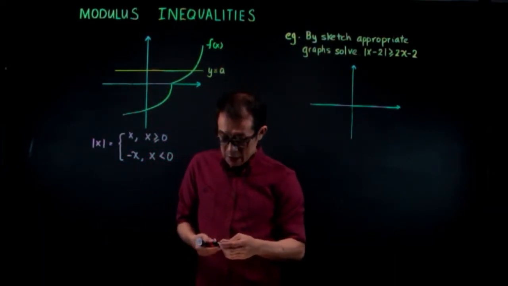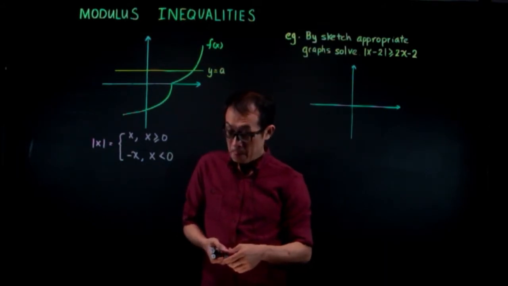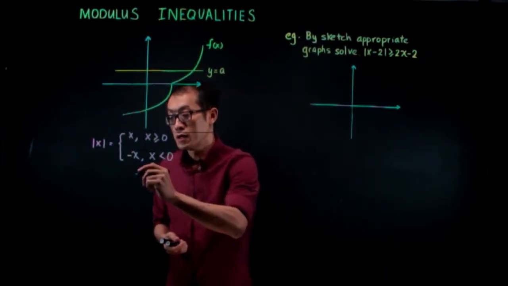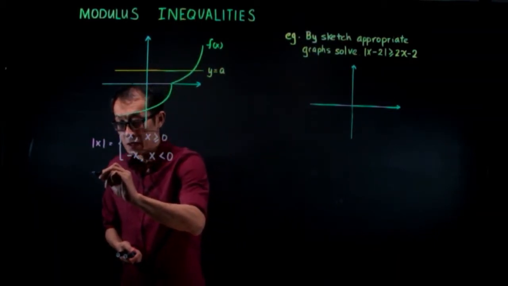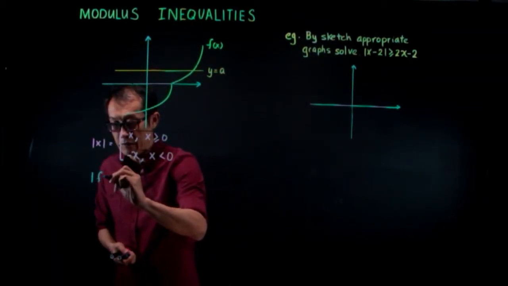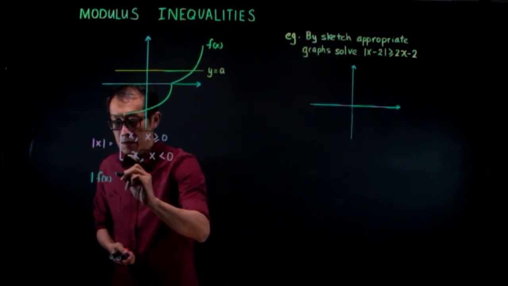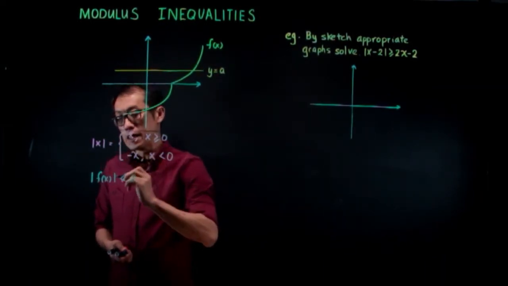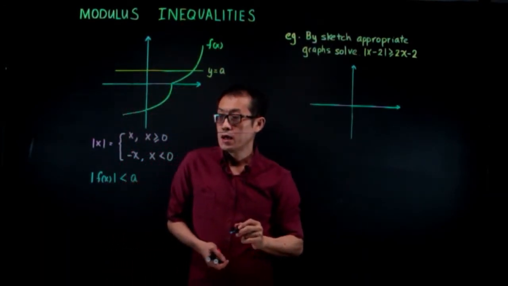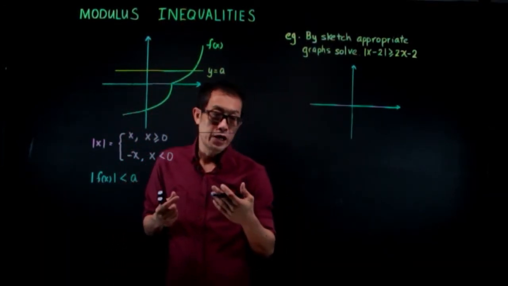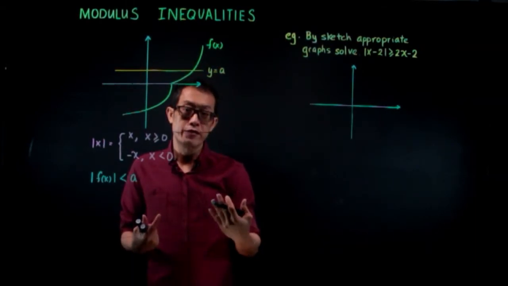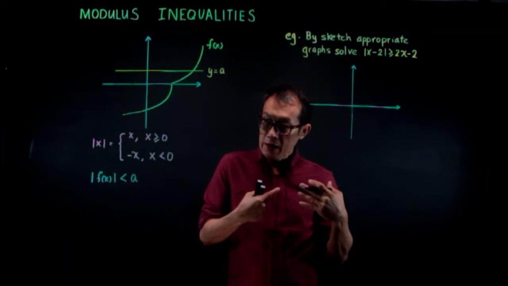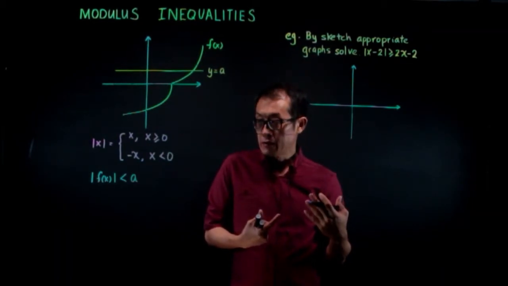Now, in the same way, what do you mean by this inequality, mod of f of x is smaller than a? Modulus means when the value is positive, it will take on that value itself.